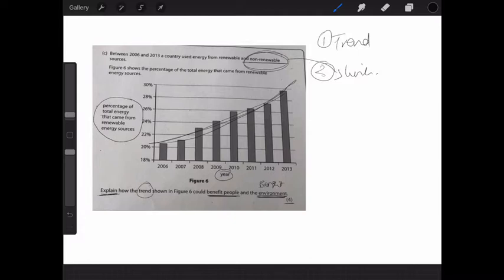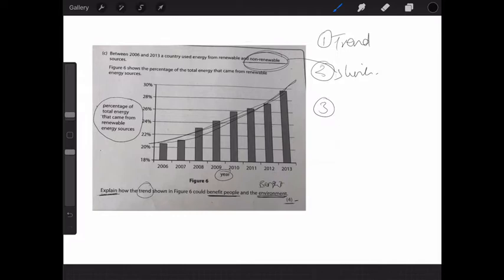So we're using less of the non-renewable things like coal, oil, gas, the fossil fuels, and the nuclear fuels like uranium. That's probably got me 2 out of 4 marks. So the third thing that I need to do is I need to think about the benefits.